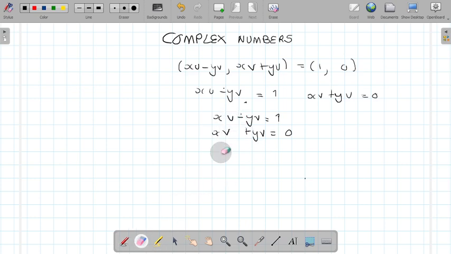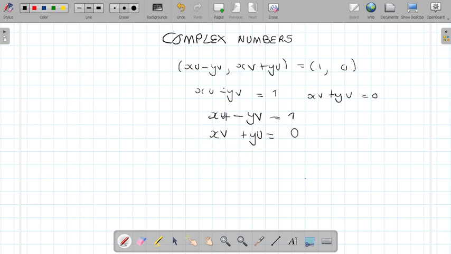So this is xu, this is xv. Let me just write things properly here. So we have xu minus yv, and this is equal to 1. And here we have xv plus yu. This has to be equal to 0.